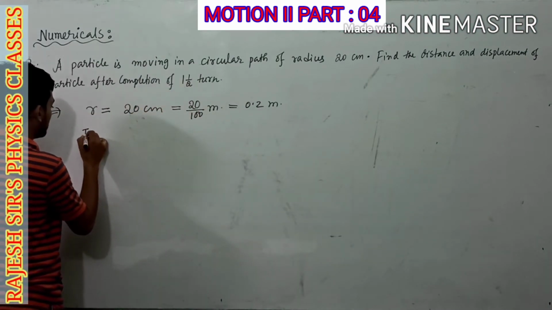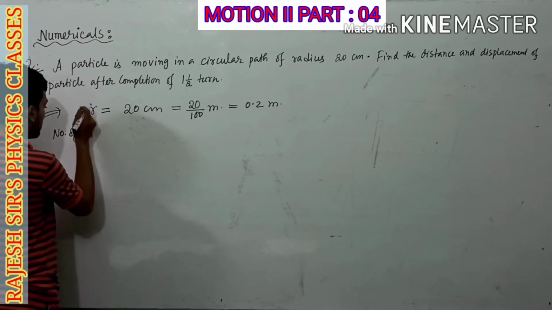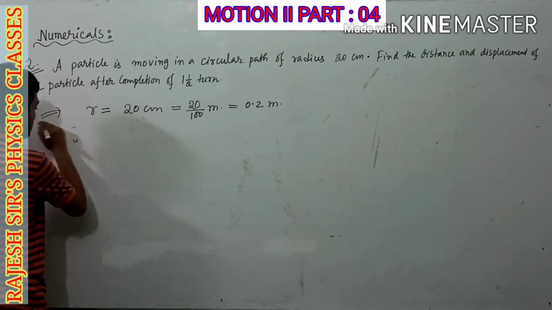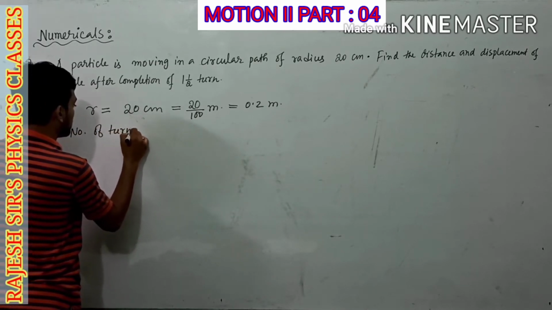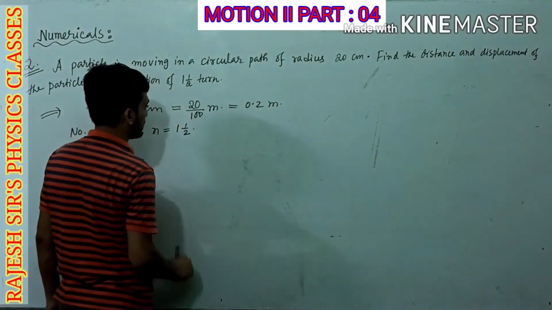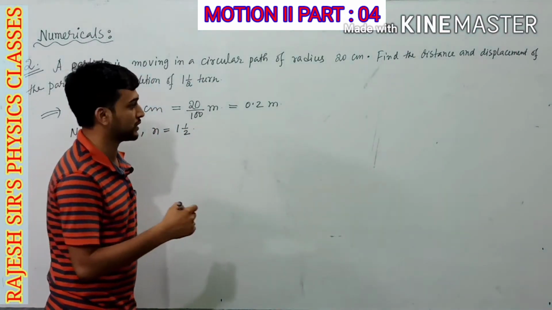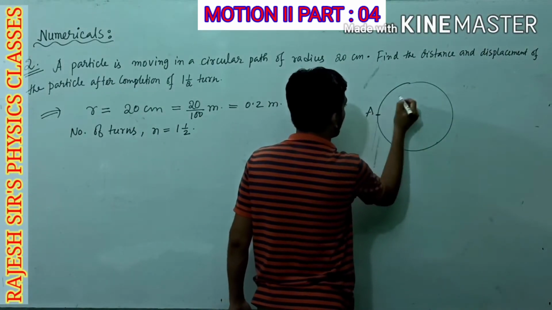So number of turns, small n, is equal to 1.5. Say this is the initial point.